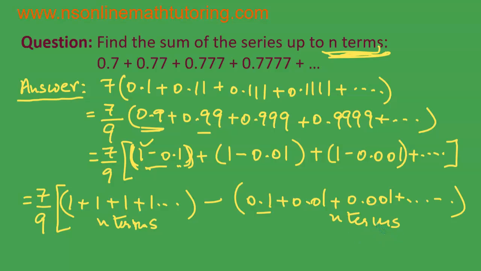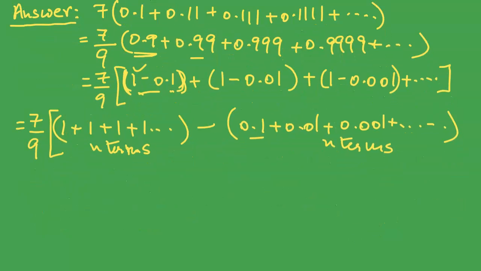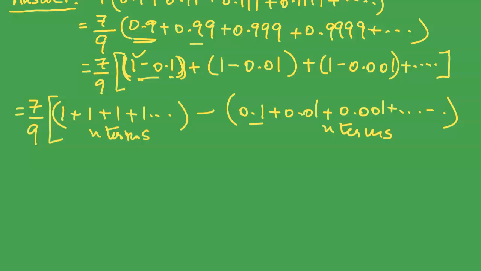But we know the formula for both infinite geometric series and finite geometric series, so we should not have any problem. Therefore, this will be equal to 7/9, and this is n number of ones.